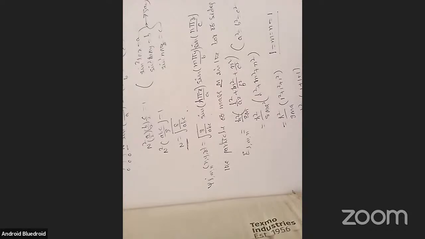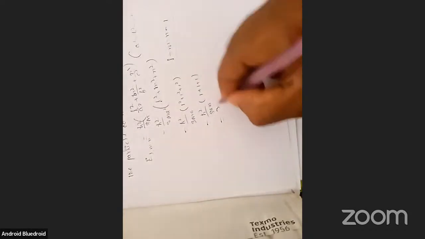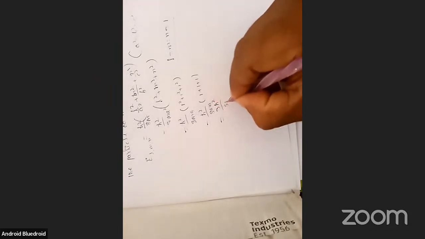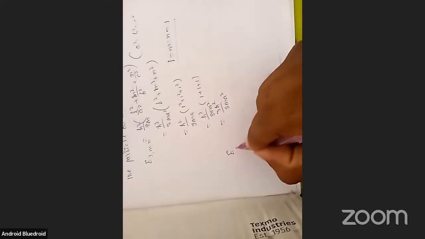So 3 h square by 8m a square. This is E of l comma m comma n. This is the equation. These are the quantum numbers.